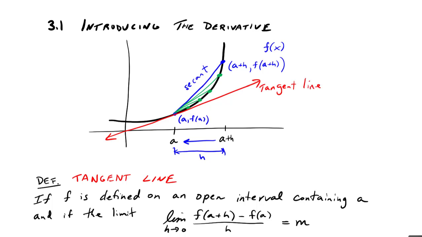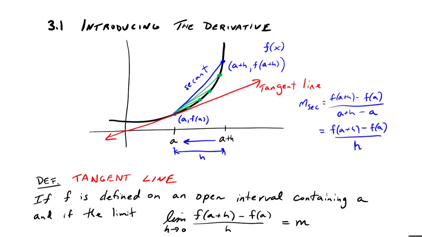Okay, so if you notice, what if we actually calculated the slope of the secant? All right, the slope of the secant would be f of A plus h minus f of A over A plus h minus A, or in other words, f of A plus h minus f of A over h.